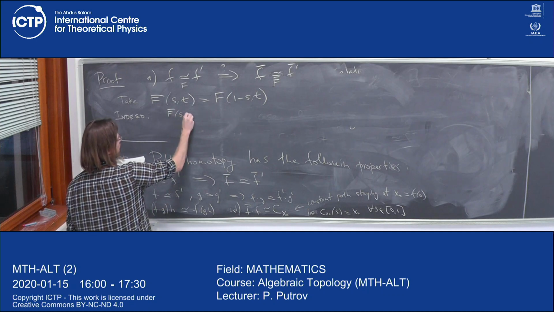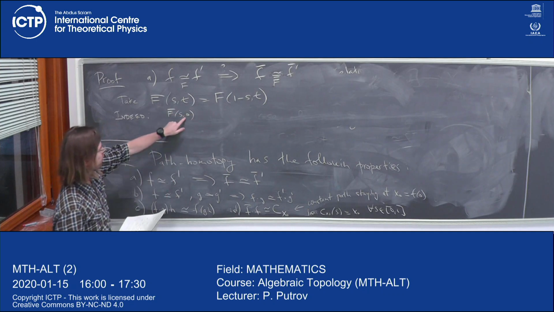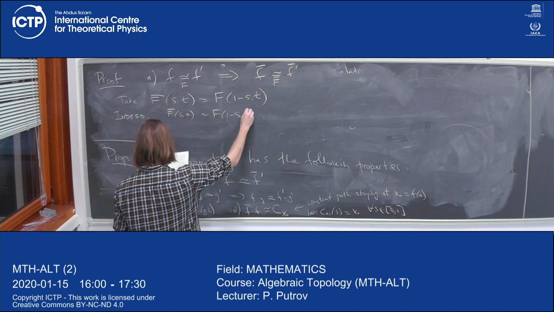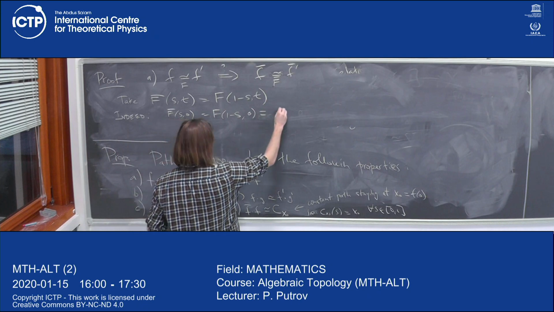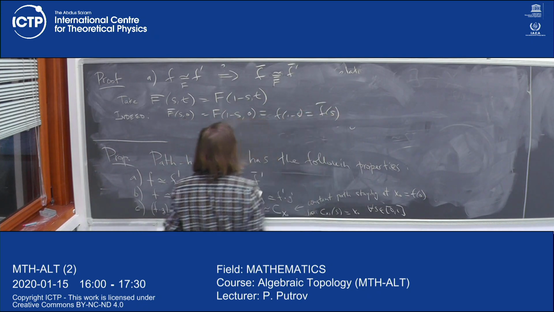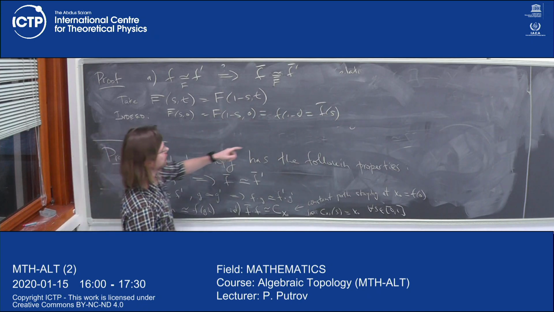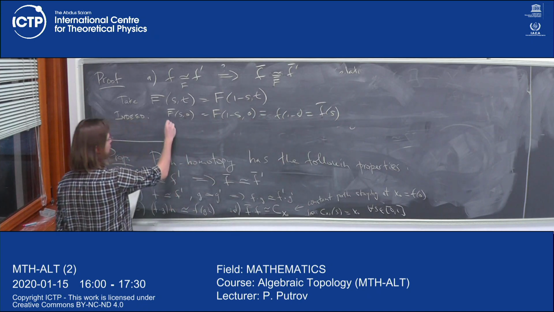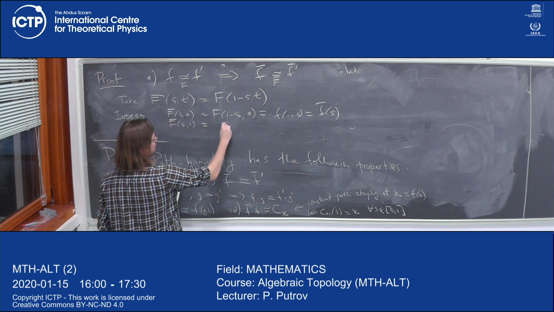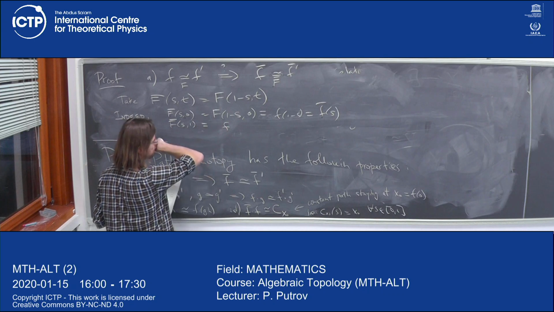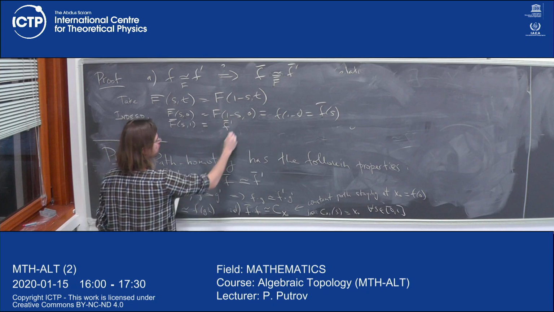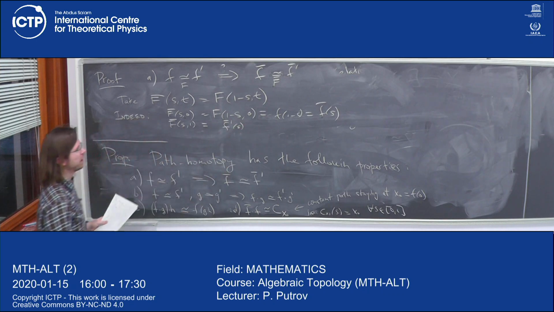If I take the second argument to be 0, this is the same as f of 1 minus s, 0, which is the same as f bar of s. So it's a homotopy starting from f bar. And similarly, by similar manipulation, this will be the same as f prime bar of s.